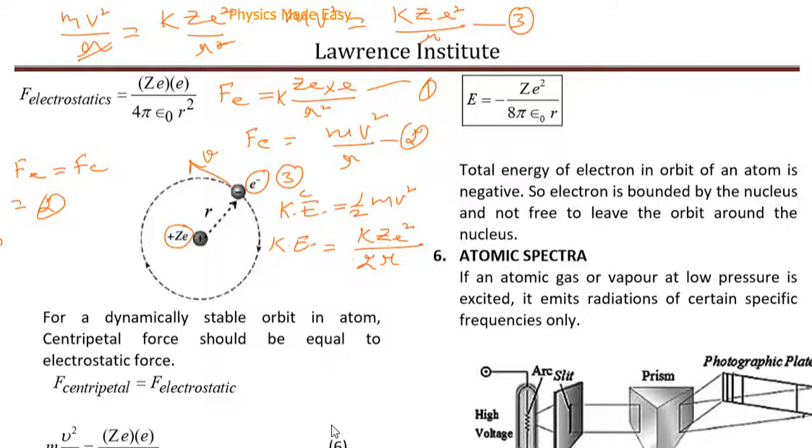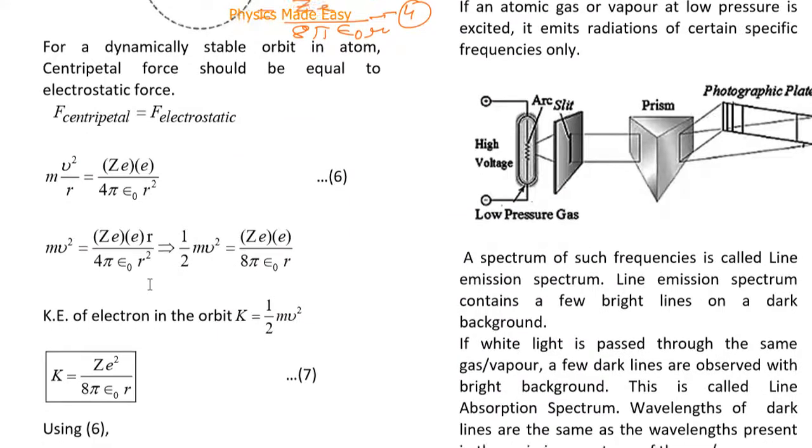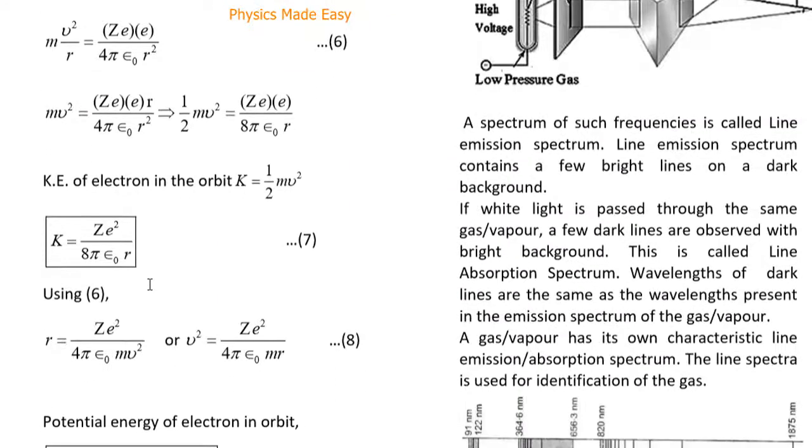Now I will substitute the value of k. So it will come out to be z e square by 8 pi epsilon naught into r. This is the value of kinetic energy. This is the formula for kinetic energy.